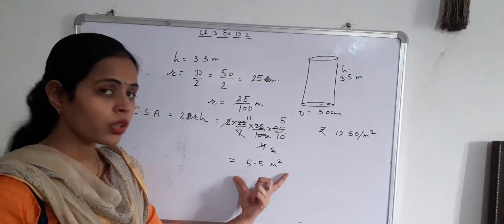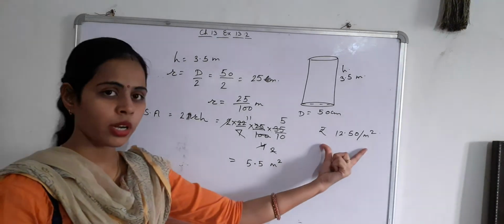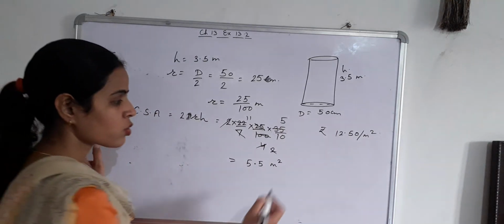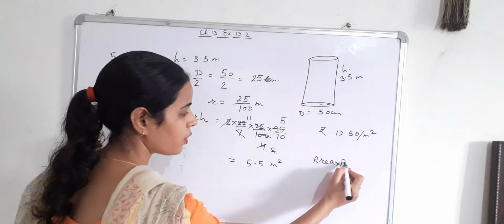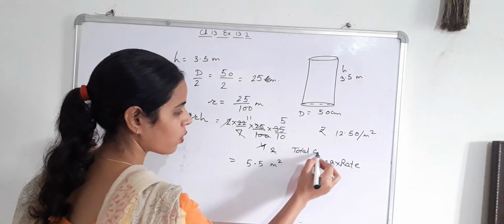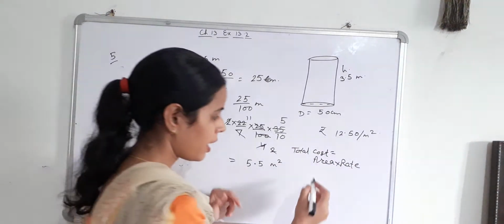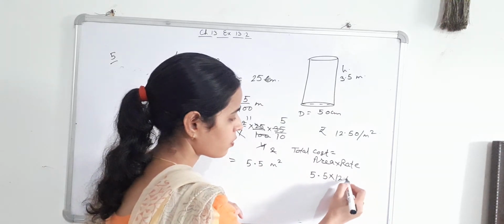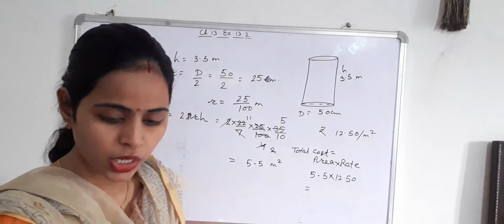Also find the total cost. Total cost equals area into rate. Rate is 12.50 per meter square. Area is 5.5, so total cost equals 5.5 into 12.50.